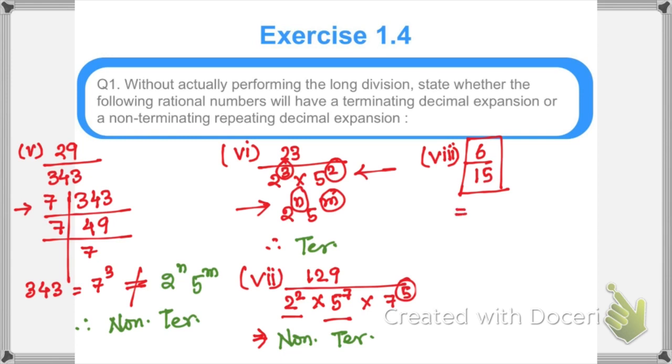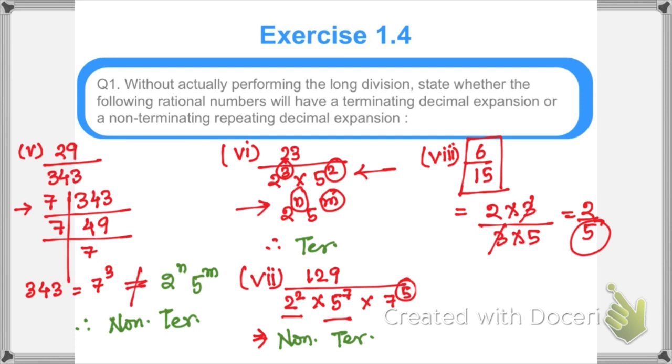It can be cancelled once again, because 6 can be represented as 2 into 3 and 15 can be represented as 3 into 5. So this 3 and 3 get cancelled out and it is of the form 2 by 5, and now 2 and 5 are rational numbers. So here the denominator is 5.